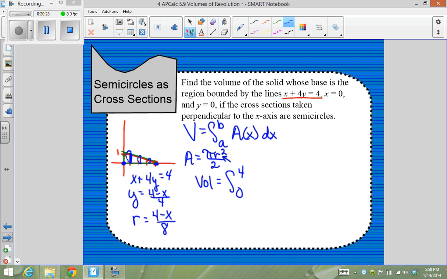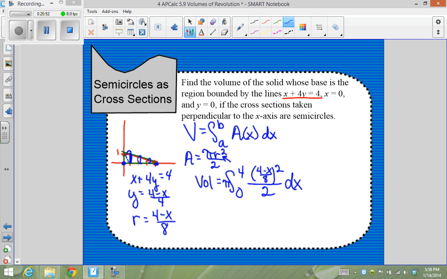I'm doing pi because it was part of my formula. So pi times my radius squared, so ((4 minus x) over 8) squared, all over 2, which I could pull out to the front, because a semicircle is half a circle.